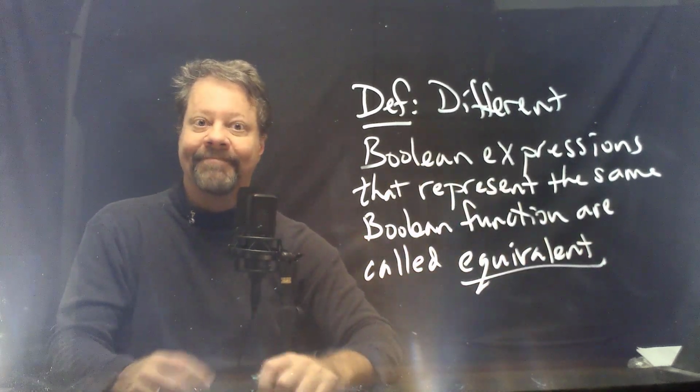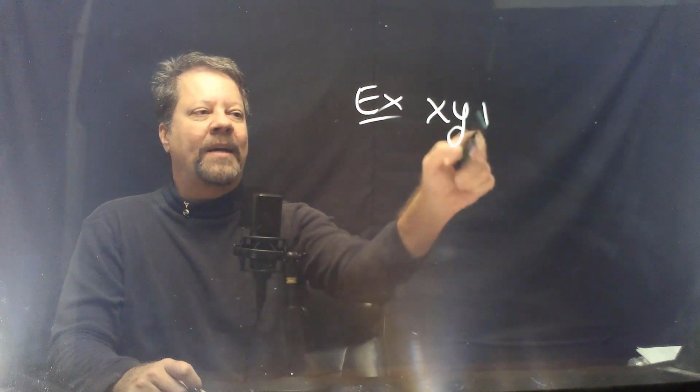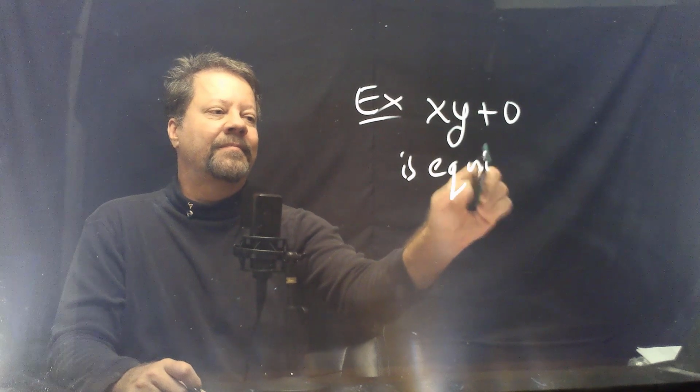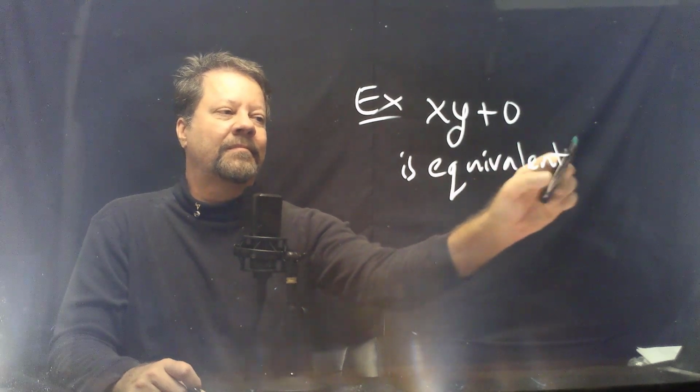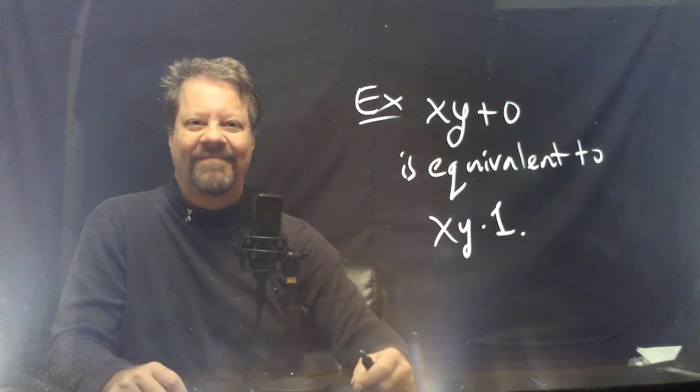Go figure. As an easy example, xy plus 0 is equivalent to xy times 1.